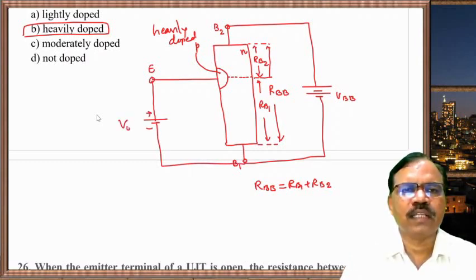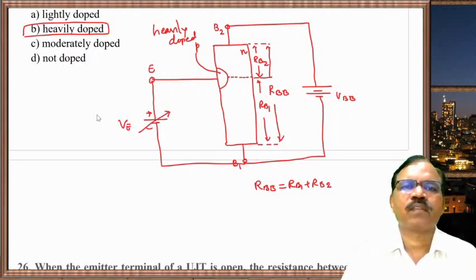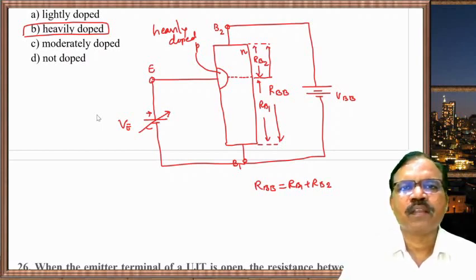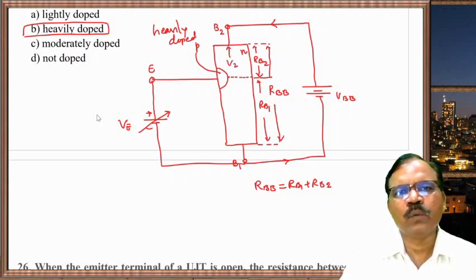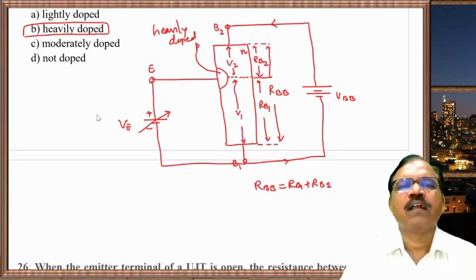Let us call this VE, and if we take this variable, now between B1 and B2 current will flow. Now this channel has resistance, so here we get potential difference V2, and here we get potential difference V1, and V1 plus V2 is VBB.